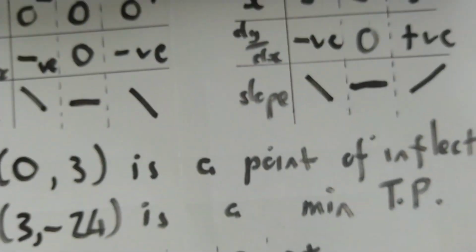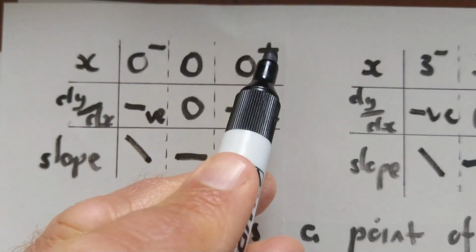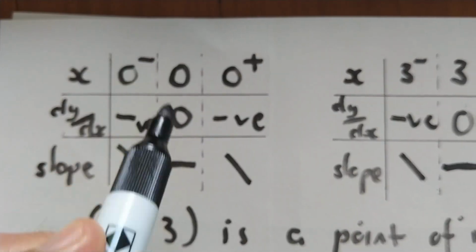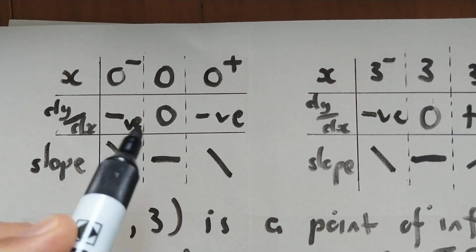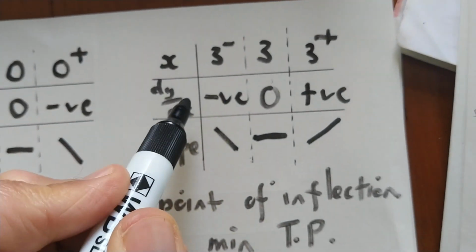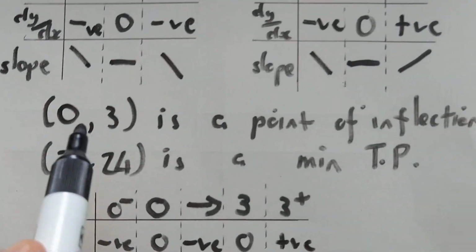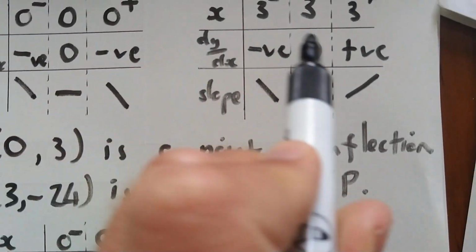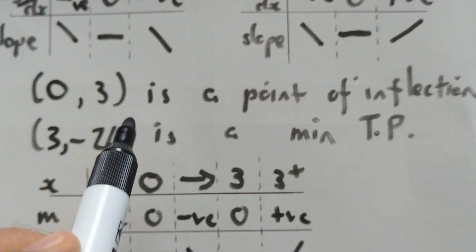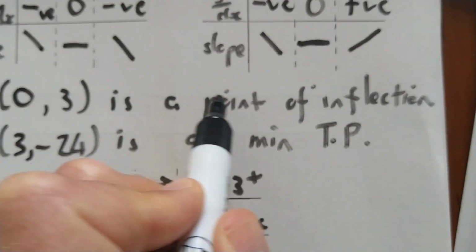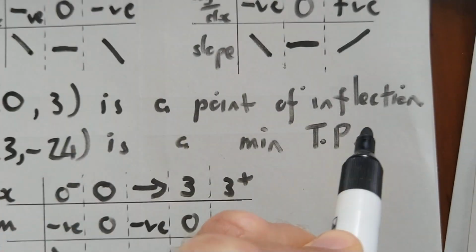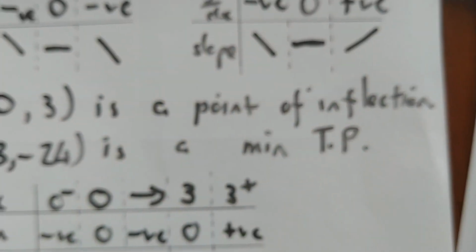And then use a nature table by looking at either side of the stationary point as to what happens to the graph to say is it a point of inflection or a minimum turning point or indeed a maximum turning point, and state those things. Having done the nature table, which scores marks, you also get marks just for writing and interpreting the table. It's a minimum turning point, it's a point of inflection or whatever.